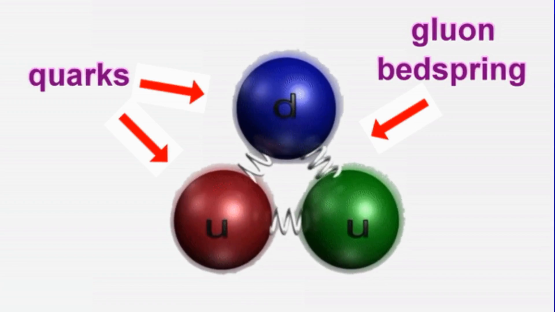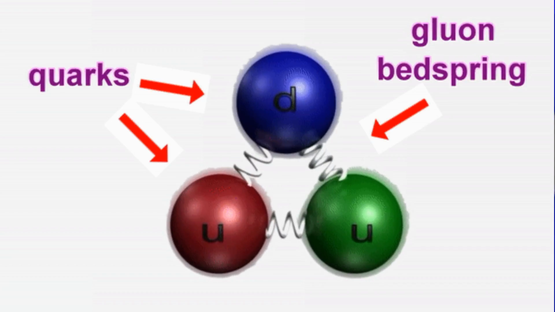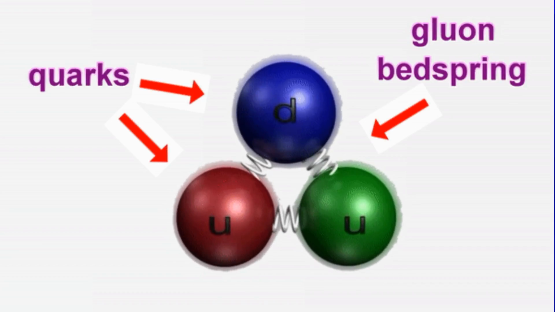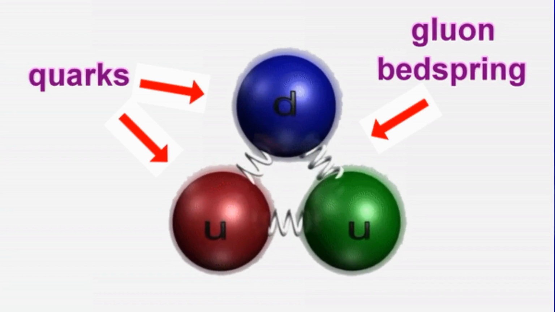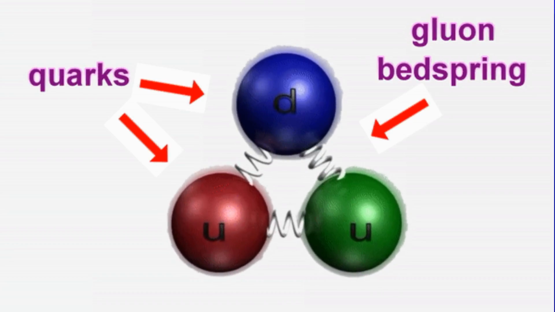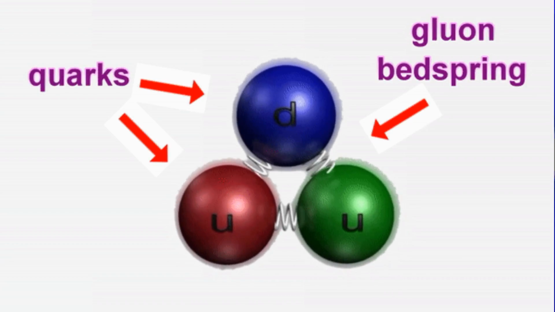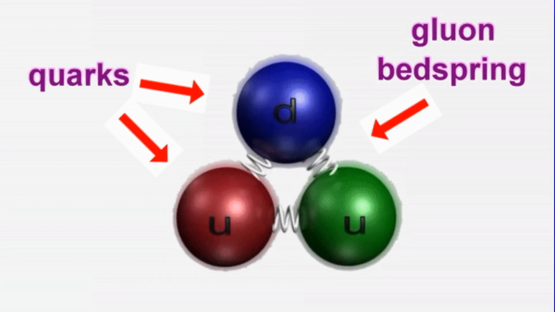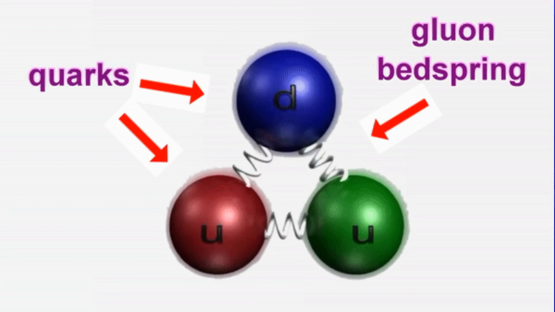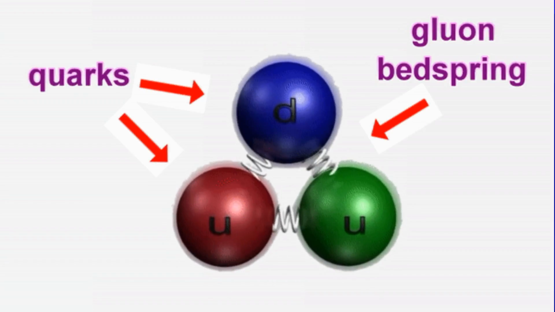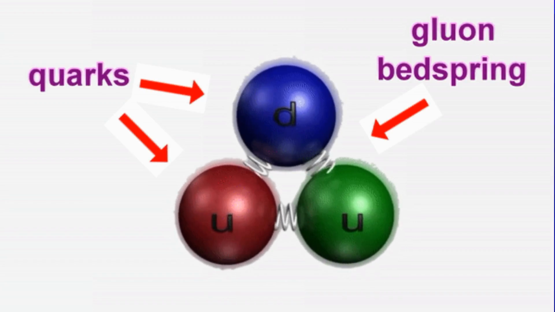They get the idea from the fact that to pull a quark out of that triad, out of that system, you need more and more energy. Since the farther away the quark is from the other two, the more energy you need to pull it that far, they turn that around.